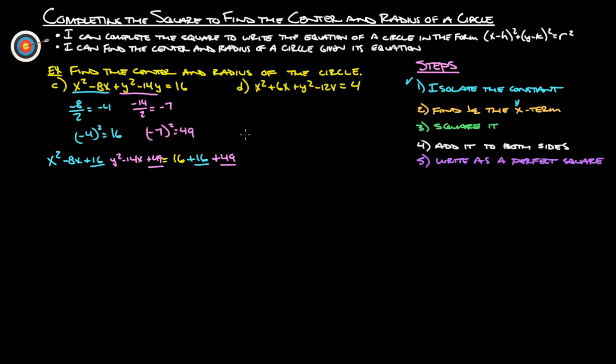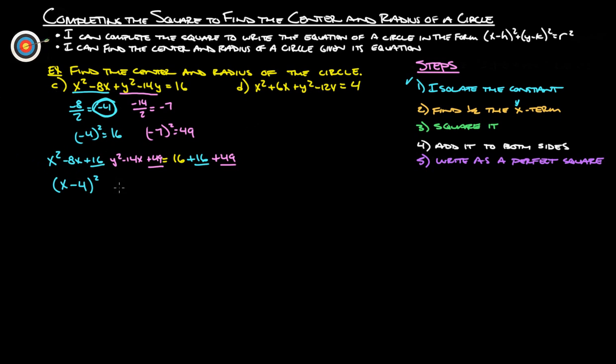I know this looks like a big mess, but it's going to hopefully look less messy and make more sense in a second. This now is a perfect square, and remember, it's always whatever this number is here. That's key: x minus 4 squared.